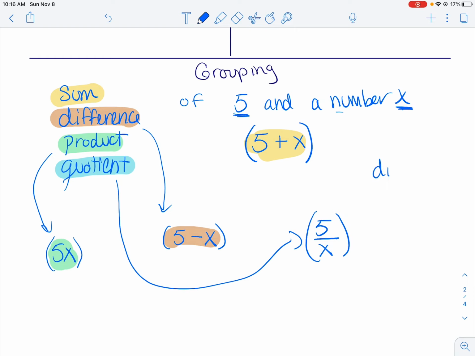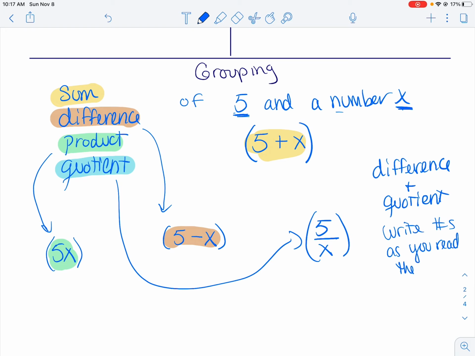So with the words difference and quotient, just to make a note here, you want to write the values as you read them. So if it said the difference of 5 and a number, we would want 5 minus x.